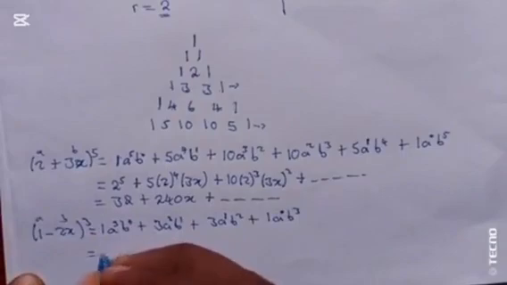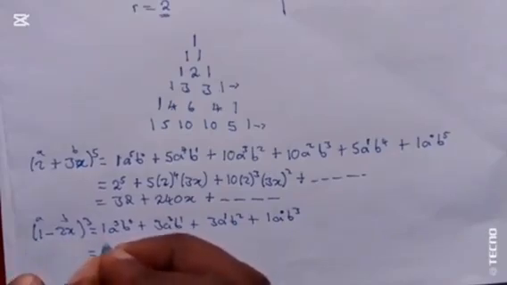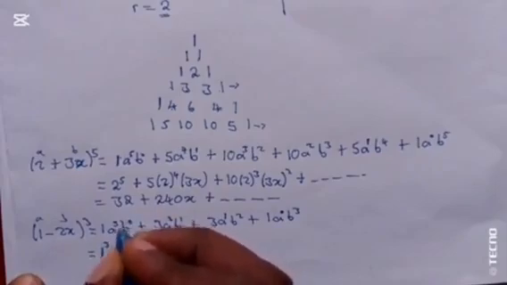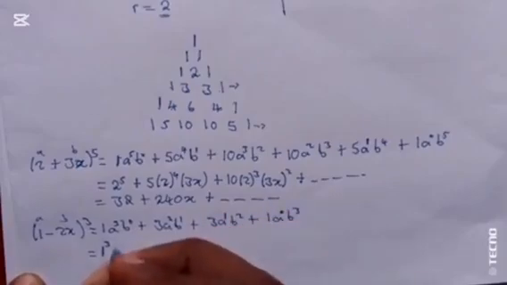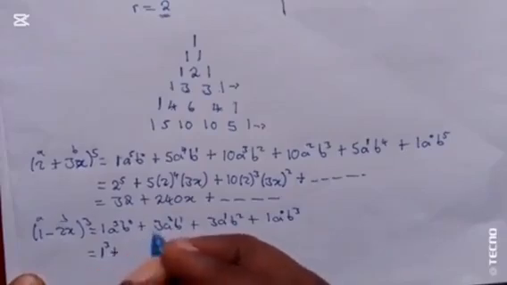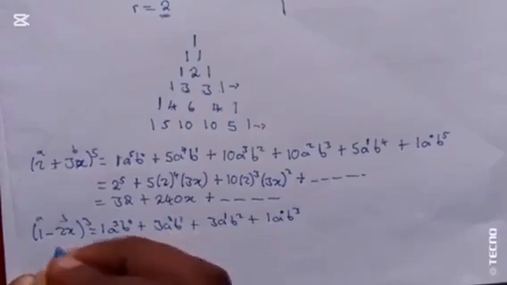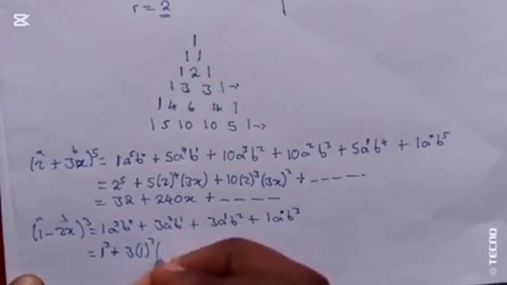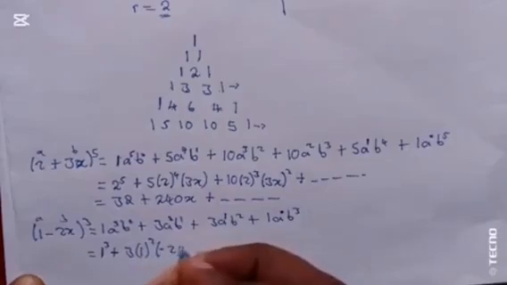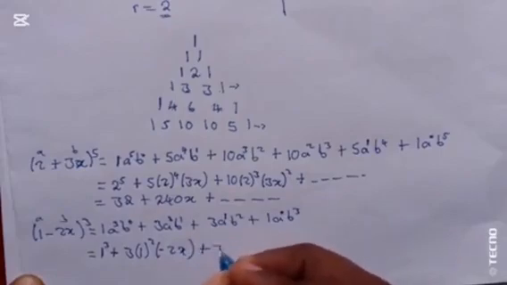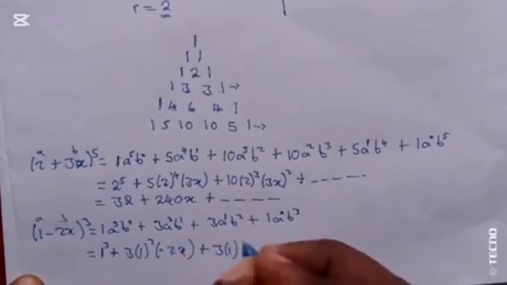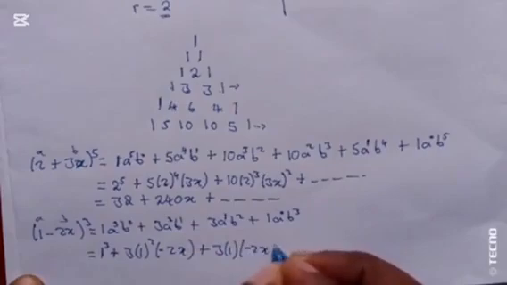So writing this, we are saying that where there is A, we'll write just 1 to the power 3. Then where there is B, we'll get 1 again. So plus 3, where there is A, it's 1 to the power 2, then B is negative 2x. Okay, then plus again 3, A is 1, then B is negative 2x, then squared.